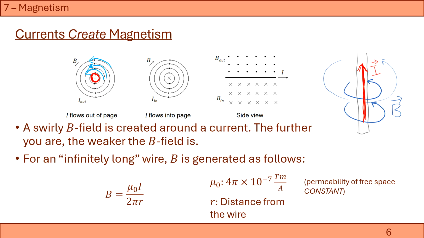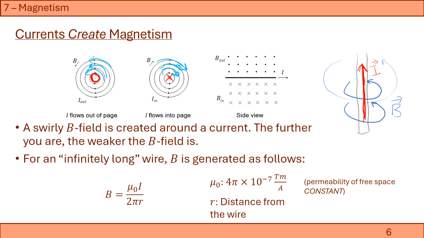On the other hand, if you have a current moving away from you, that's this X, then if you point your thumb away, the magnetic field is going to move in a clockwise motion from your point of view.